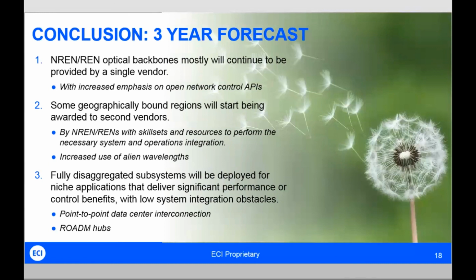But there are activities taking place in the industry today, particularly under the MEF, where they're describing something called lifecycle services orchestration. And as part of that, they're building on the fact that the industry as a whole is putting a lot of attention in terms of north-south interfaces for control of network equipment and then for creation of services dynamically within a single service provider or a single operator domain.